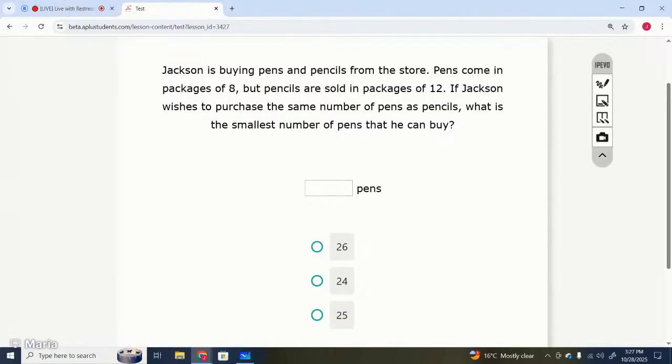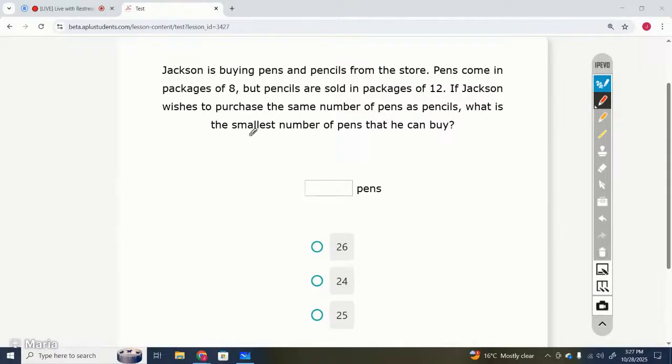Pens come in packages of 8, but pencils are sold in packages of 12. If Jackson wishes to purchase the same number of pens as pencils, what is the smallest number of pens that he can buy? You need to calculate the smallest number, right?